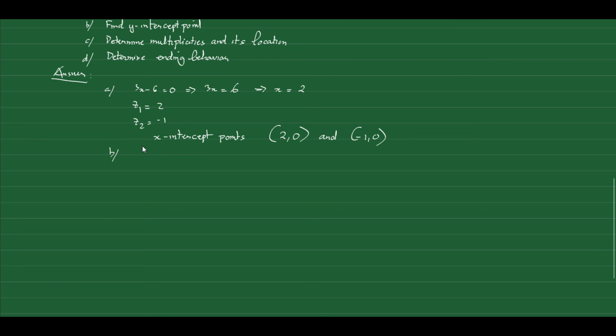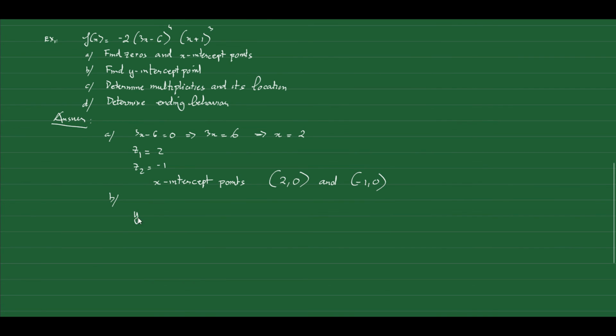Now the y-intercept point is easy. In order to find the y-intercept point, you replace the x with 0. So you're going to have y equals negative 2 times (3 times 0 minus 6) raised to the 4 times (0 plus 1) raised to the 3rd. So you have negative 2 times negative 6 raised to the 4, and 1 raised to the 3rd is 1.